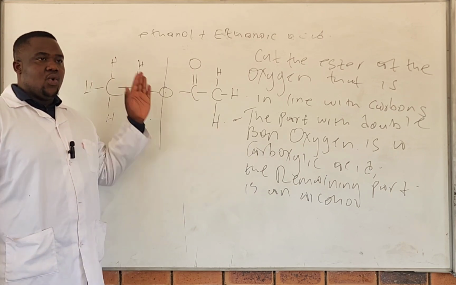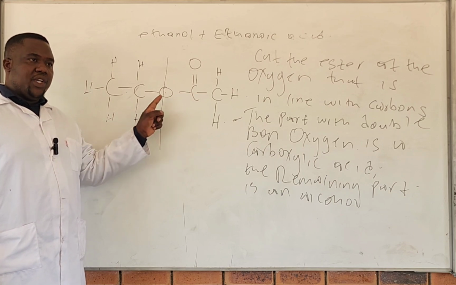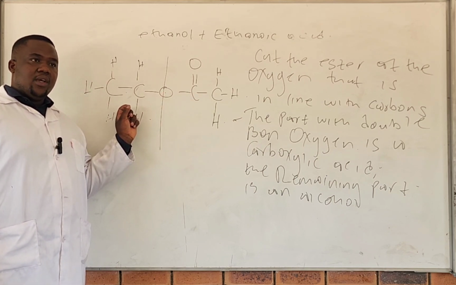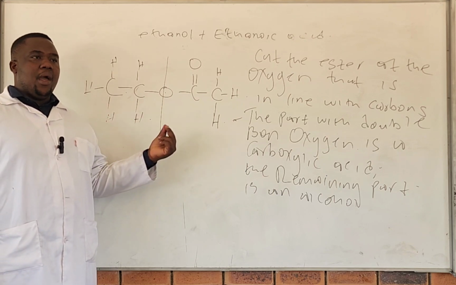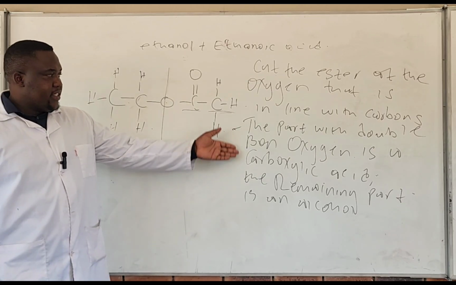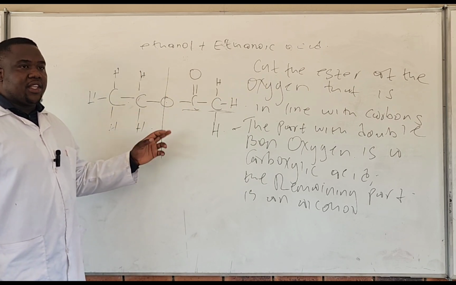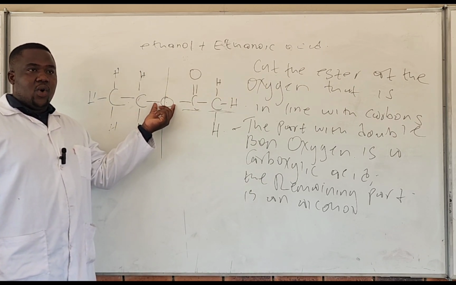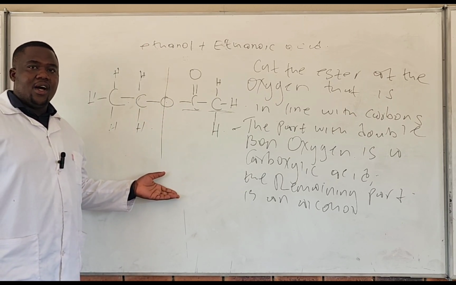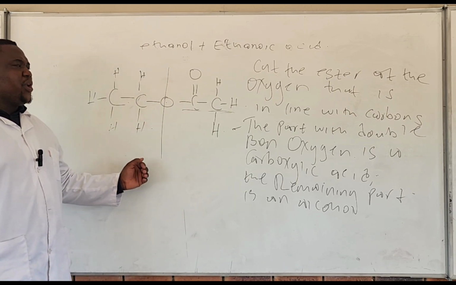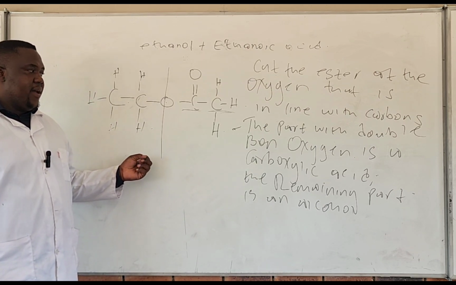Remember, I said the first thing is you cut the ester at the line of symmetry, which is the oxygen between the carbons. Then you will have two parts. The symmetry is there where there is oxygen between the carbons. So now I've cut it into two halves.